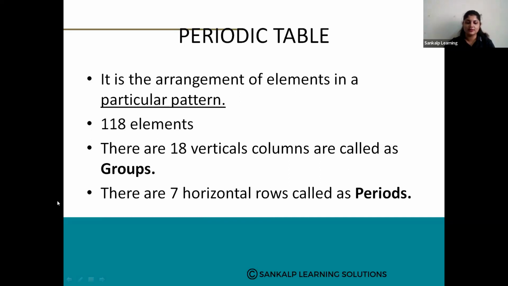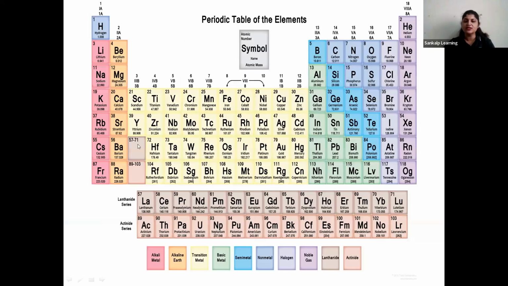Metalloids are elements that show the properties of both metals as well as non-metals. When they show the properties of both, they are called metalloids or semi-metals. For example, you can see here boron, silicon, germanium, arsenic, antimony, tellurium, and polonium. These are the elements which show properties in between those of metals and non-metals, so they are called metalloids.